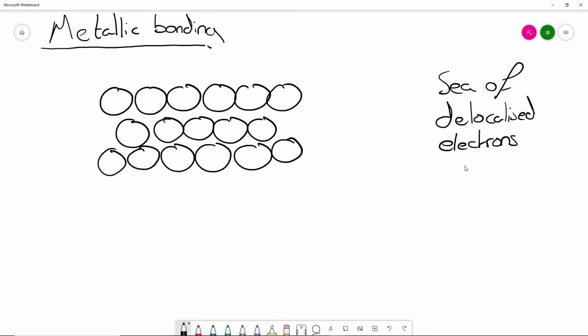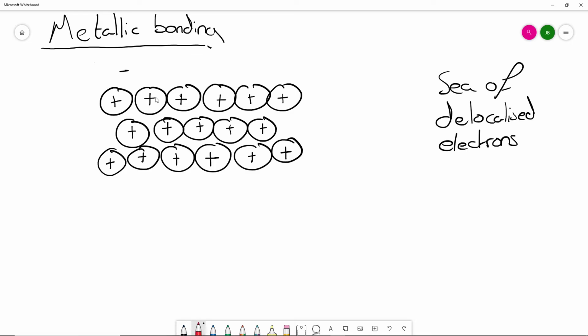Now that sounds quite fancy, but what it literally means is that electrons aren't attached to the atoms. We actually form ions which are positively charged, and that is our cations. Positively charged ions, the electrons have delocalized or detached themselves, so they're not attached anymore, and they are floating around like in the sea. So we have lots of negative charges.